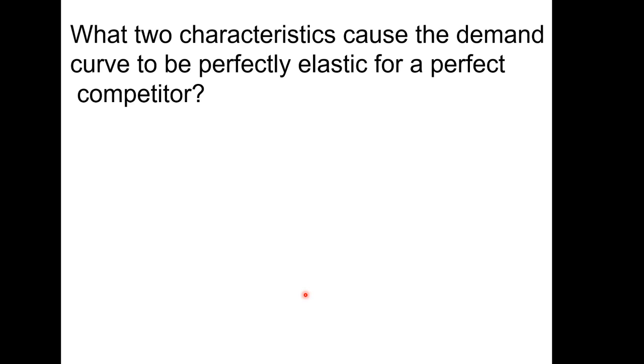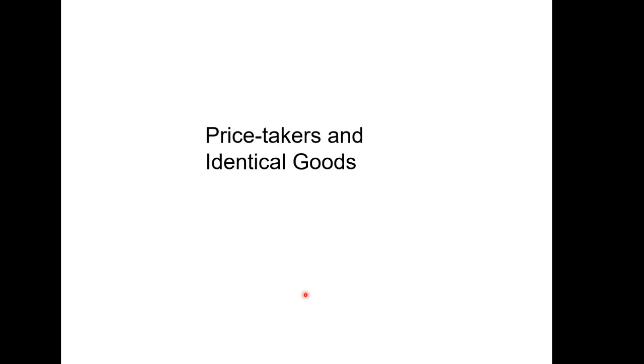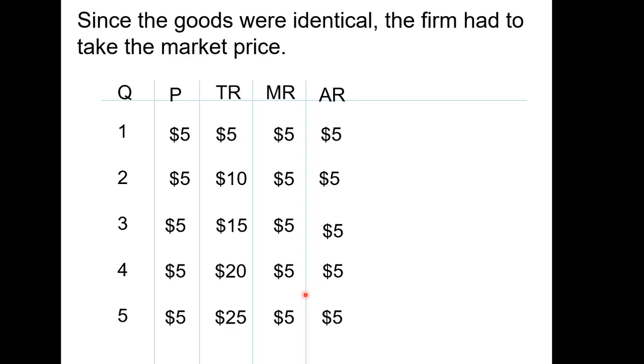All right. So we talked about what are the two characteristics that cause the demand curve to be perfectly elastic, horizontal, for a perfect competitor. And those two things were price takers and identical goods. So because of that, we have the price being 5, the marginal revenue being 5, and the average revenue being 5.